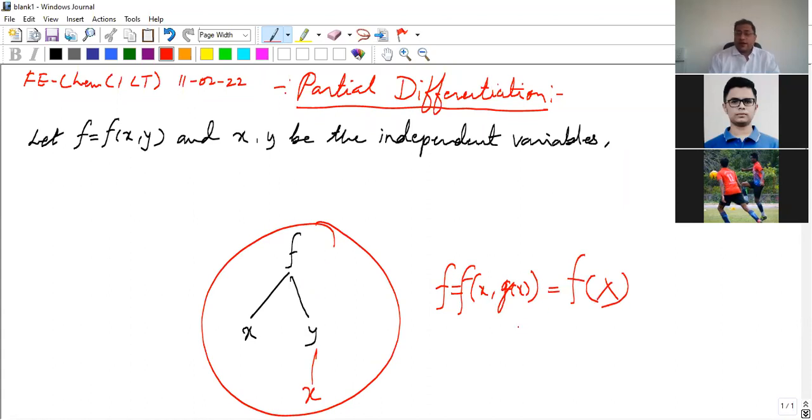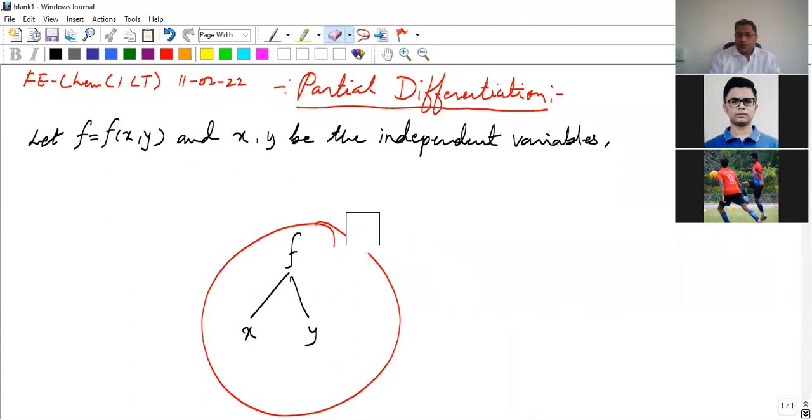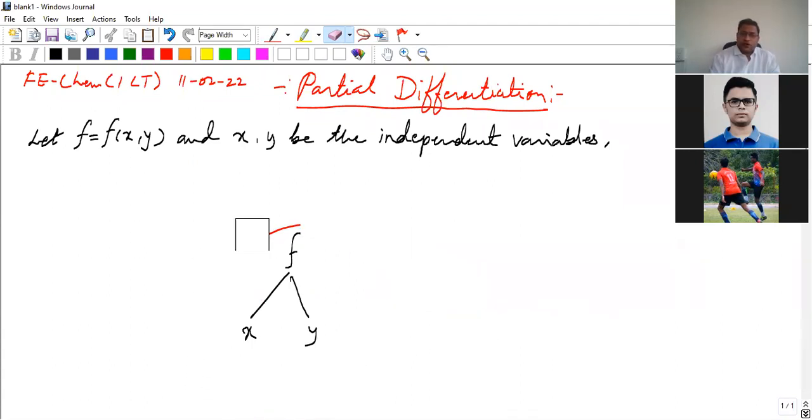But that is not the case here. Y and x are not related, and that's why this is not going to happen. So f is a function of x and y, and moreover, x and y are independent.